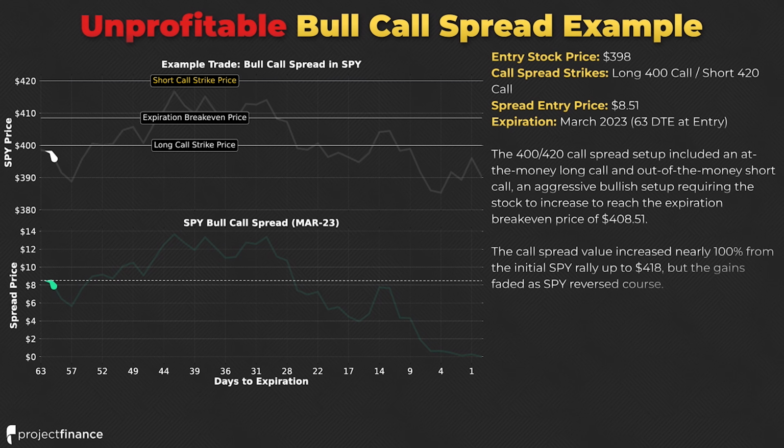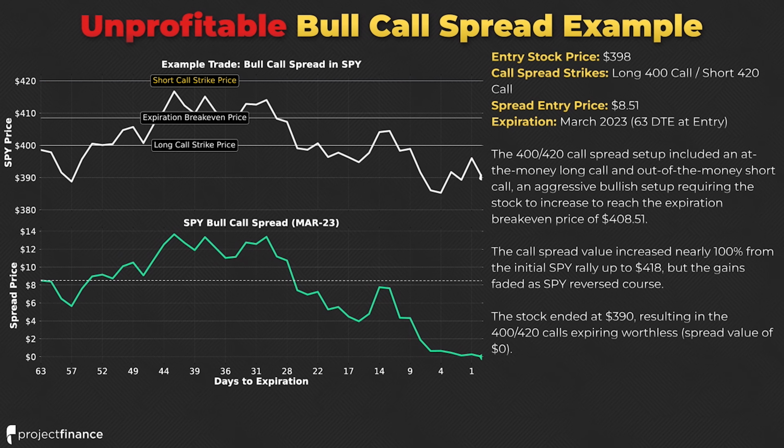In the initial weeks of the trade, we can see that SPY went from $398 up to $418, and this 420 call spread went from $8.51 up to about $14. Unfortunately, we can see that SPY eventually did trickle downwards, and at the time of expiration, SPY was trading at $390.